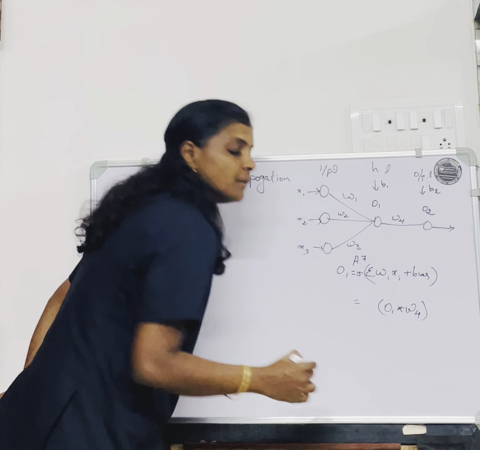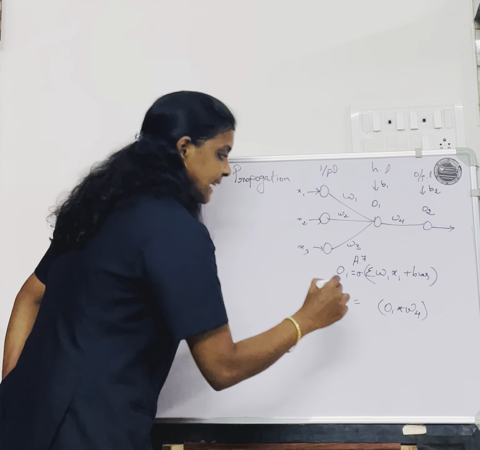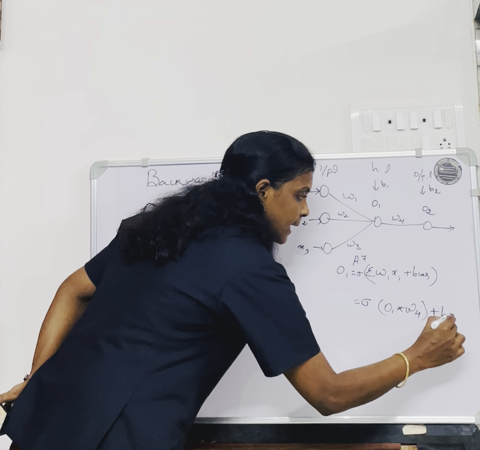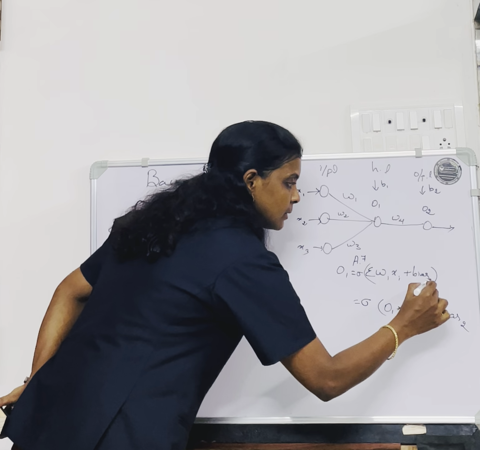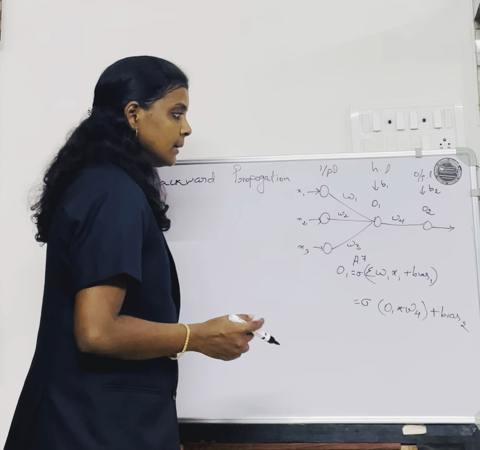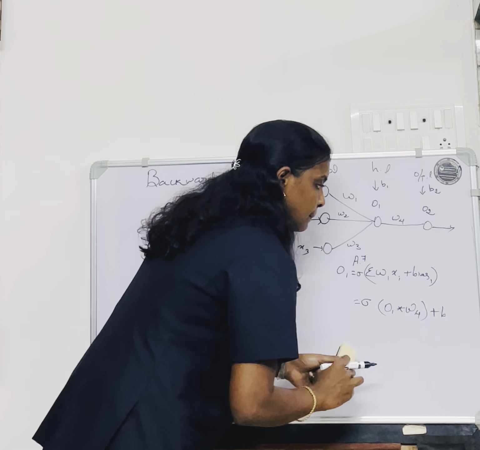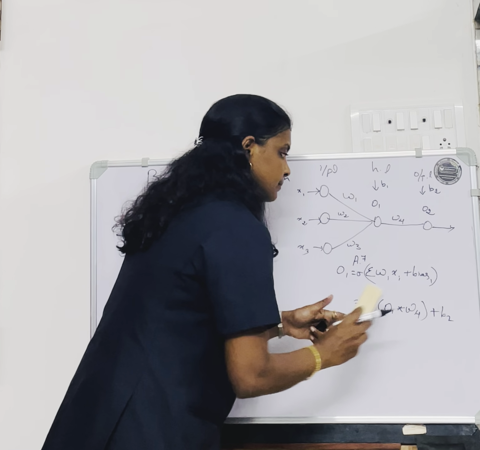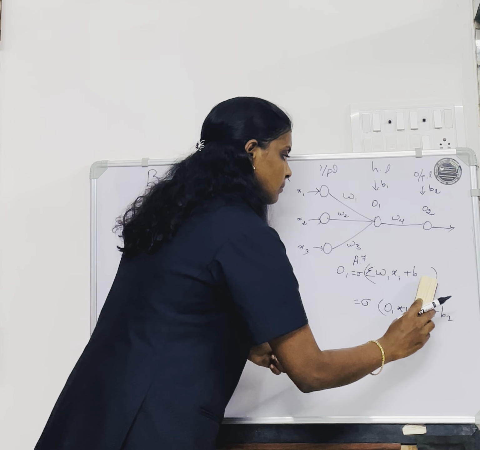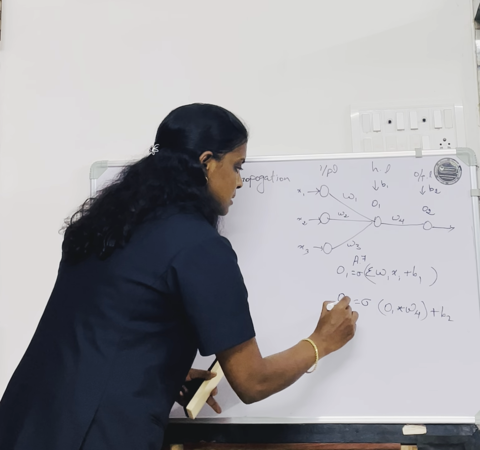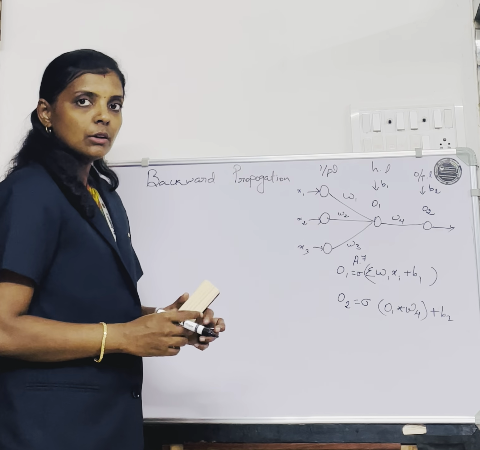Here also we have to apply activation function. Then we need to add bias. This is B2, this is B1. This is O2. Okay.